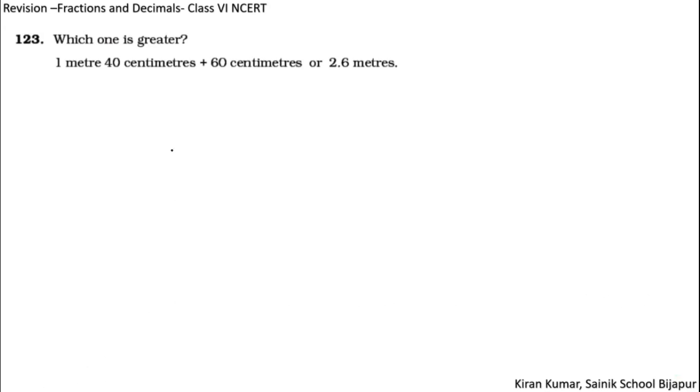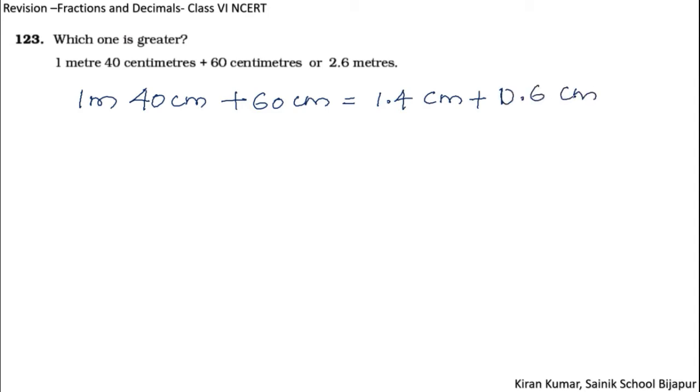Question 123. Which one is greater, 1 meter 40 centimeter plus 60 centimeter, or 2.6 meter? When we look at this, 1 meter 40 centimeter plus 60 centimeter will be the same as 1.4 plus 0.6. Add them up, we get 2.0.